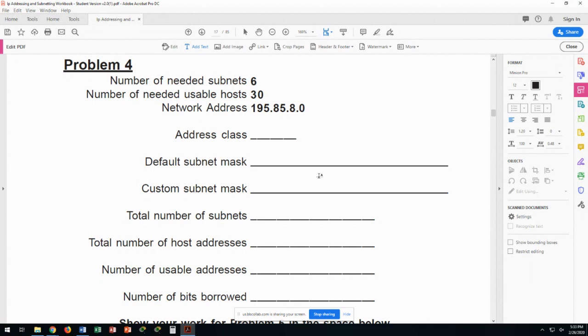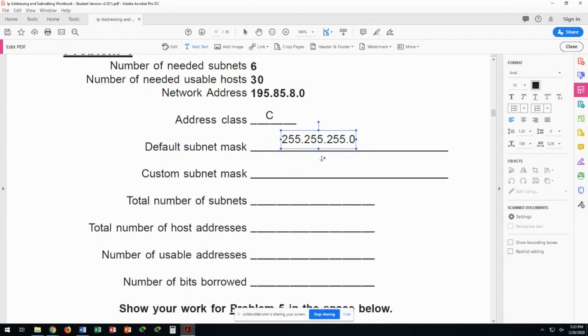Okay. All right. So we've got this IP address, this one network. We need to create at least 6 networks. So what is our class? C, right? So we'll put that in there, class C. So our default mask, 255.255.255.0.